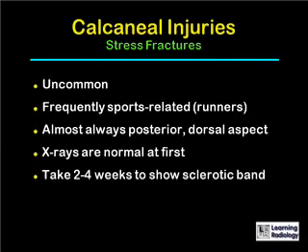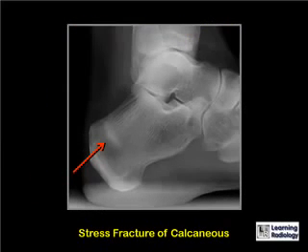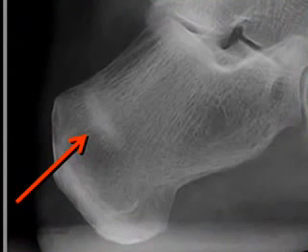A bone scan and an MRI, as with stress fractures of the metatarsals, will be positive earlier and is more sensitive. This is a classical example of a stress fracture of the calcaneus. The red arrow is pointing to a sclerotic band in the posterior and dorsal aspect of the calcaneus.